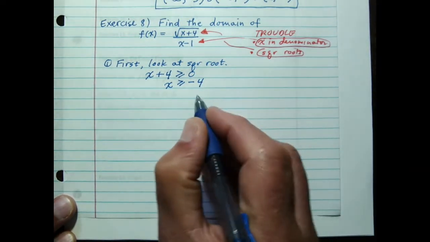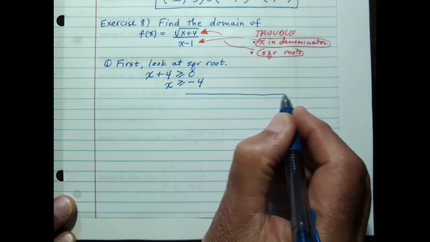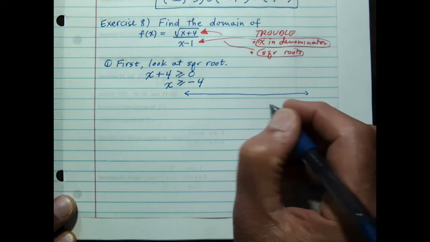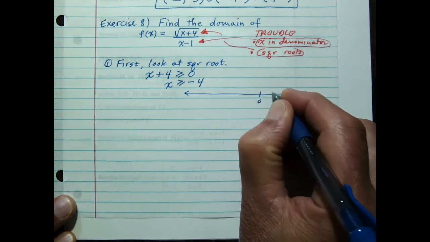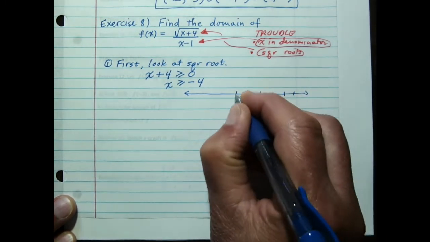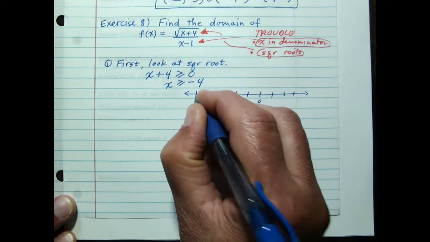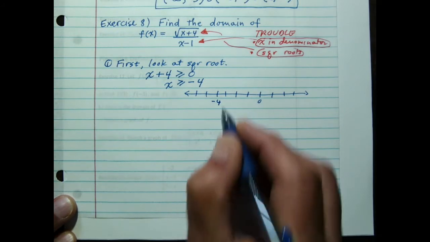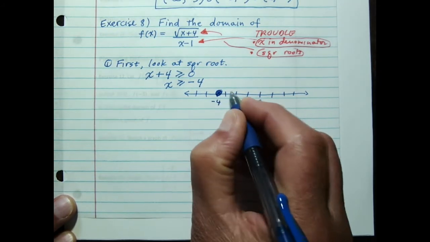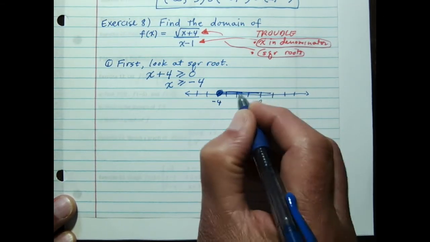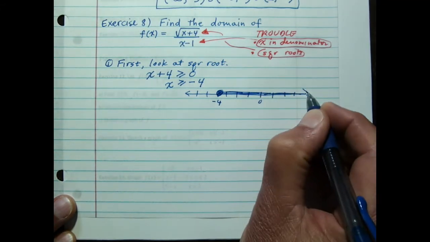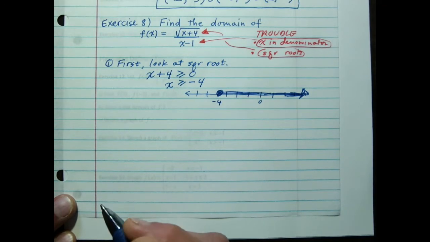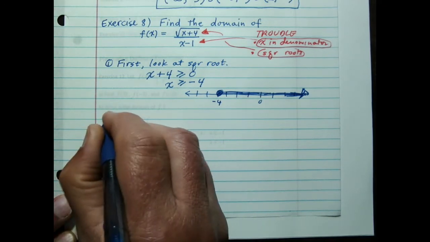So I start out thinking, okay, in my mind, we have this real number line, this x-axis. Here's 0, 1, 2, 3. Here's -4. So we start out thinking, okay, as far as the square root's concerned, the x-coordinates have to be greater than or equal to -4.